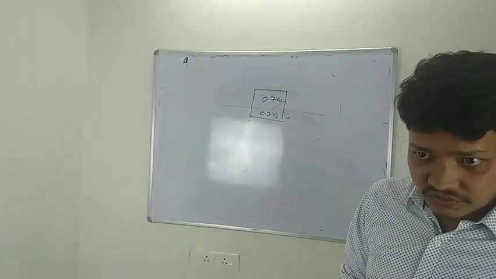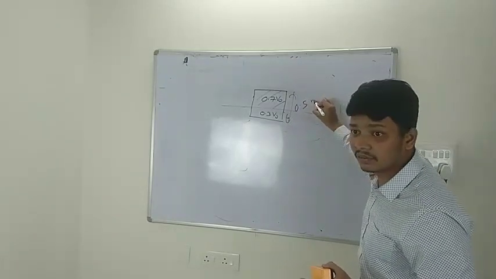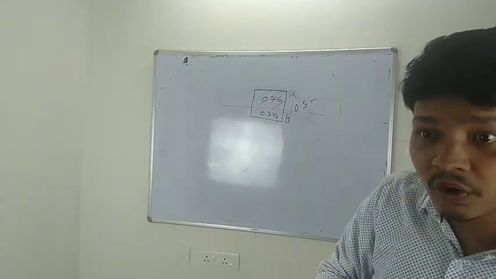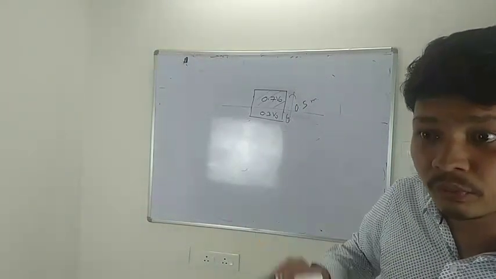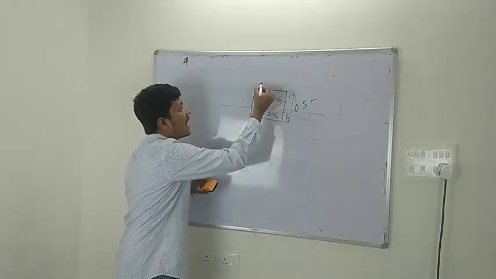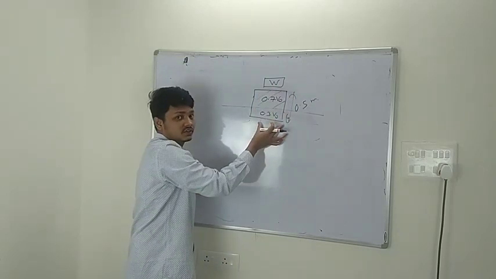They gave us 0.5 meter as the length of it. What is the maximum weight that can be put on the block just to submerge it underwater? So I have to put a weight W so that it will submerge.